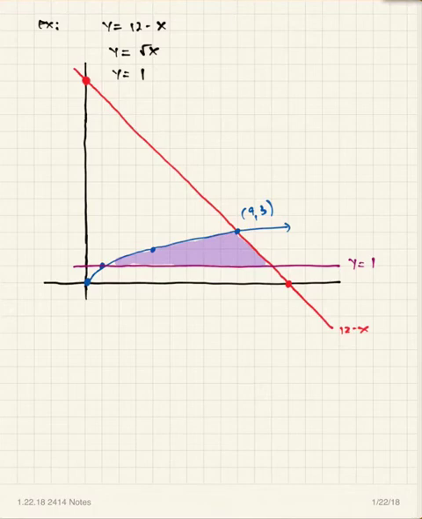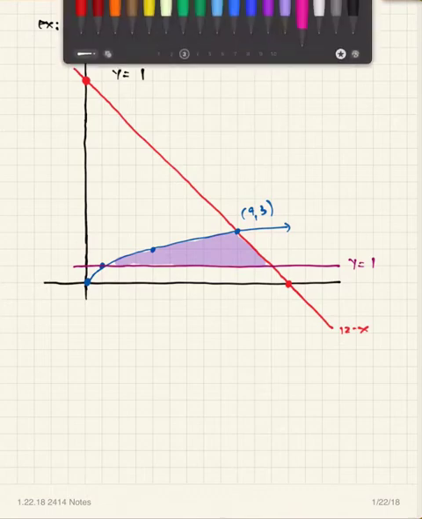So this is a region that is going to require a couple of steps to accomplish this integral if we're going to use a vertical rectangle. Now, if you use a horizontal rectangle, you could actually do this with one integral, but with a vertical rectangle, you're actually going to need two rectangles to do this. In other words, two integrals.